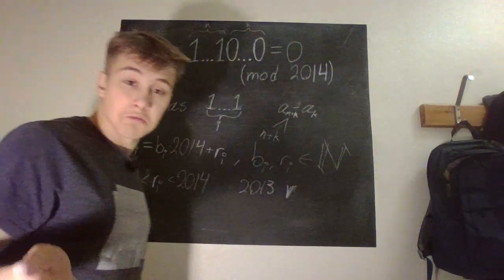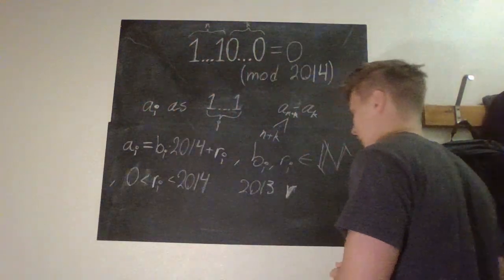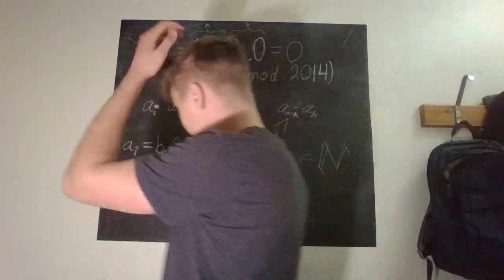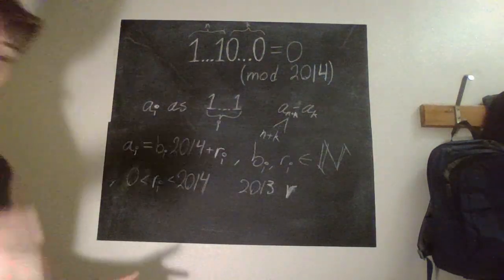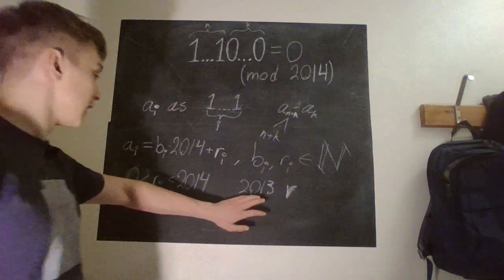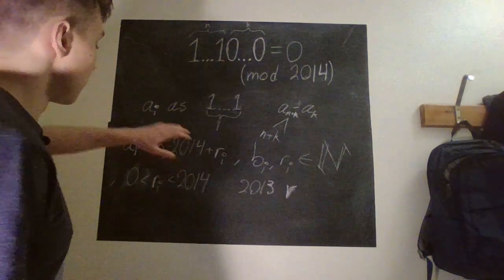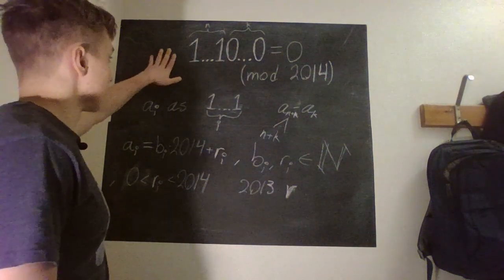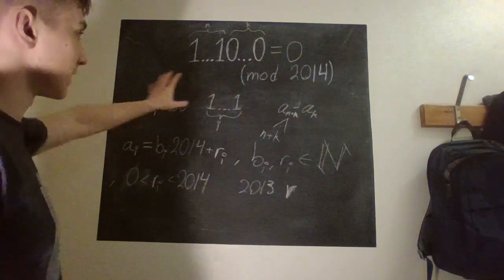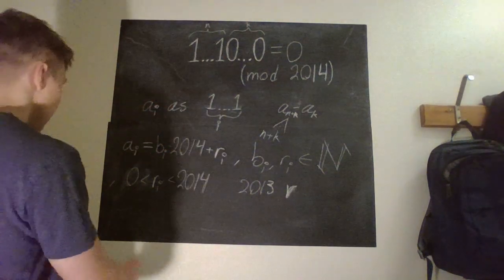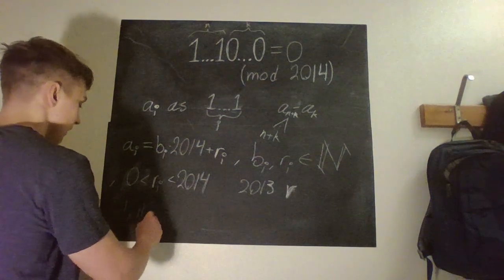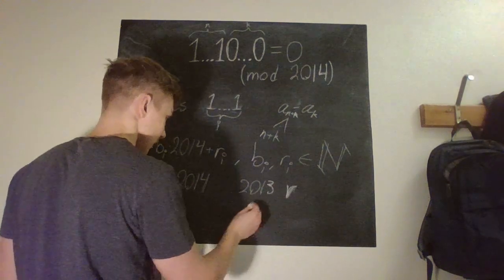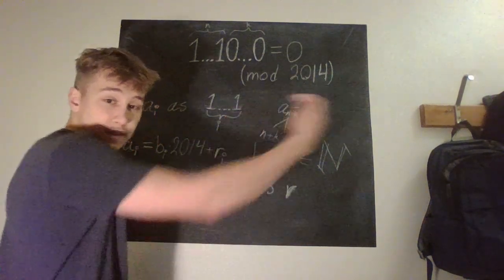So then say that I generate more than 2013 a_i's. I generate 2014 numbers which have 1 to 2014 ones in them. So I generate 1, 11, 111, all the way up to the number with 2014 ones in a row.